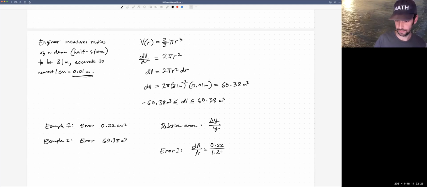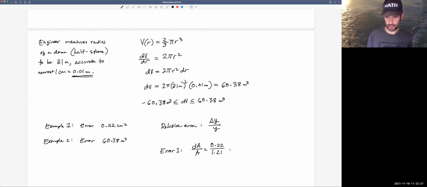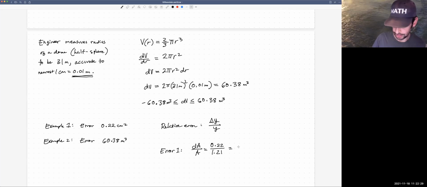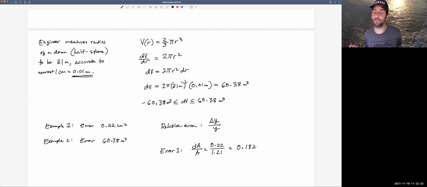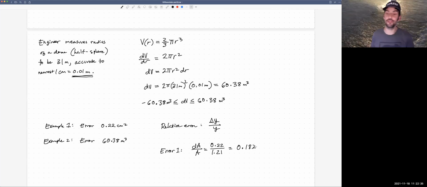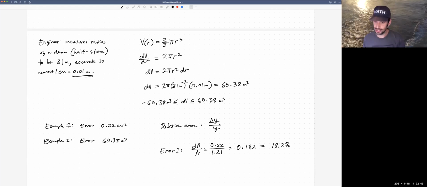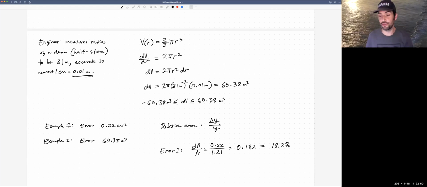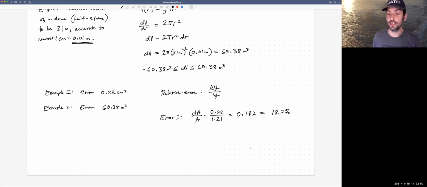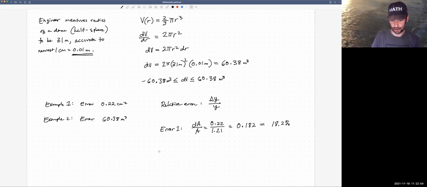This works out to be, rounded to 3 decimal places, 0.182. This tells us what proportion of the measured value the error takes up. This is a pretty big proportion. We can turn this into a percentage error: 18.2%. I like the decimal, we just see it's 0.182 of the measured quantity that can be taken up by error.